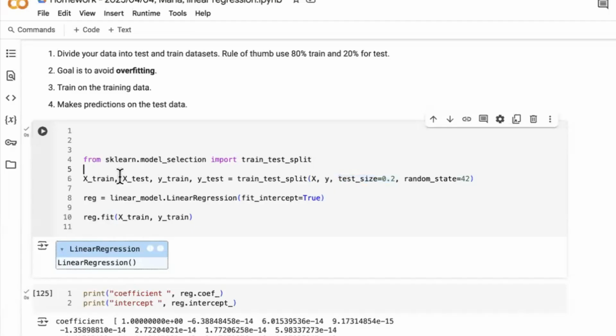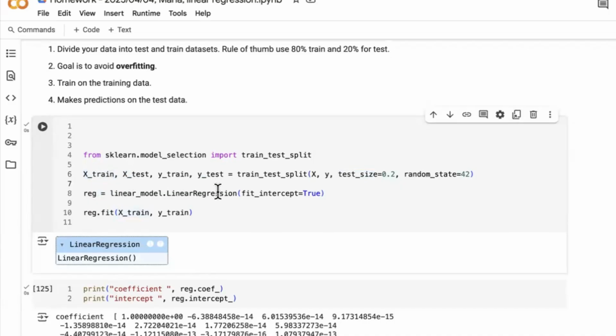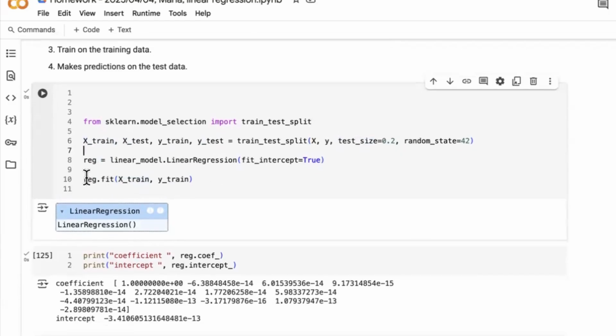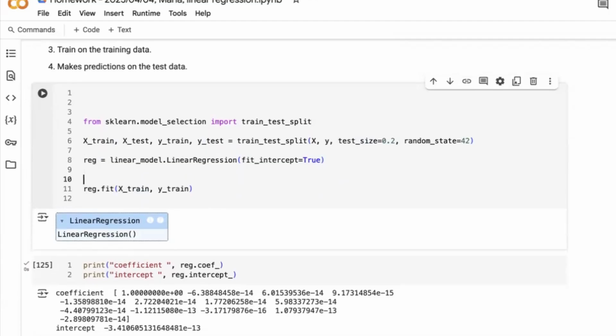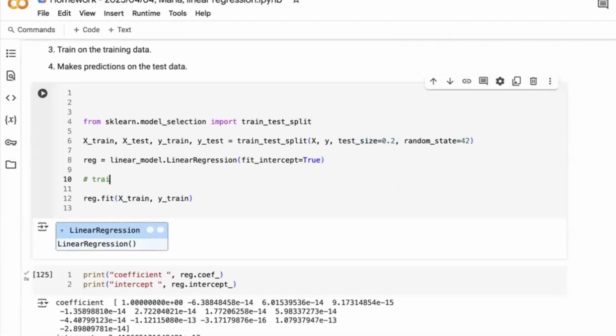And then we say create these 4 data sets. Here's X, here's X, here's Y, Y. But we have train and test. Okay, now look, we're going to train the model on the training data, right?